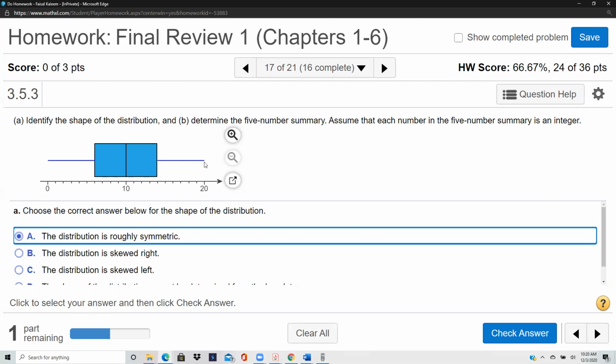And if all these 5 numbers are equally spaced, then it will be uniform. But here, there's a bigger gap between this one and this one as compared to this one and this one, right? But it's still symmetric because these three are centered around this, and this are centered around this. So it's symmetric but not uniform.